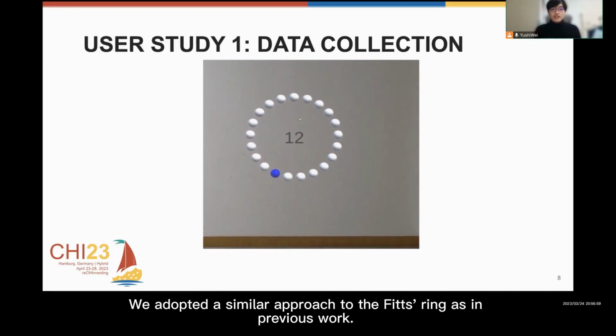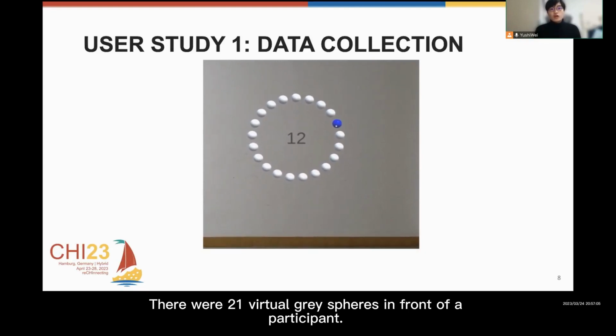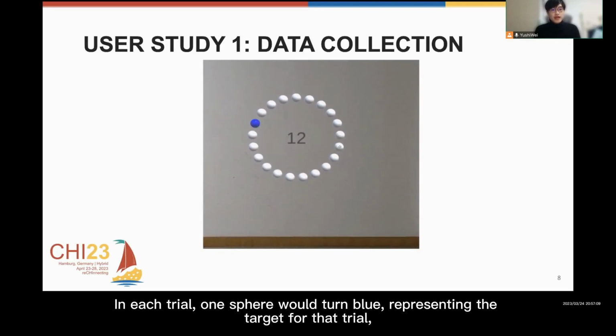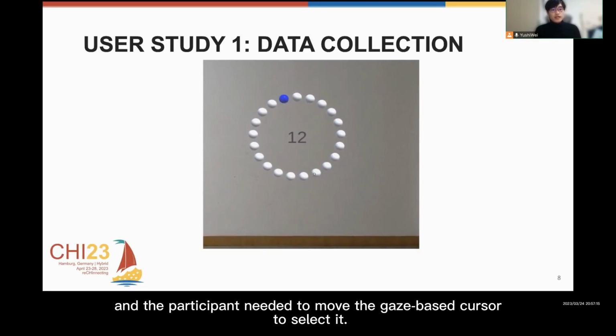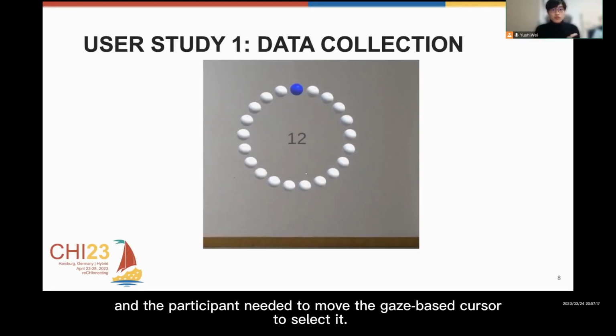We adopted a similar approach to the Fitts ring as in previous work. There were 21 virtual grid spheres in front of participants. In each trial, one sphere would turn blue, representing the target of that trial, and the participant needed to move the gaze-based cursor to select it.